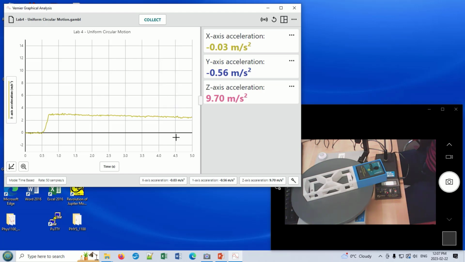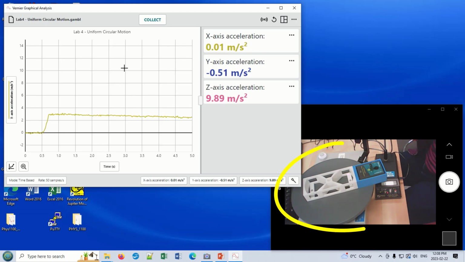There's one thing that's important that we do, and that is when we take our data, whenever we highlight this 1 second of data, we also want to be sure that we hit the reset button at the same time that this data got taken. The way that I do that is I pick one of these vertical lines. I'm going to use this center one here. You choose one line, it doesn't matter which one, and you use it as a marker.